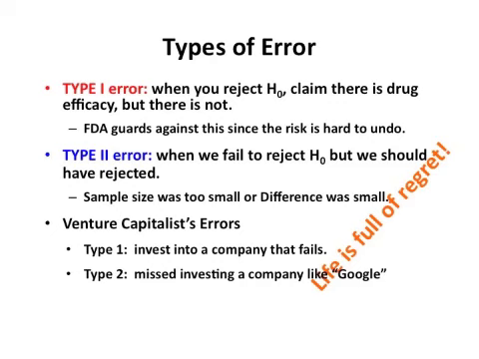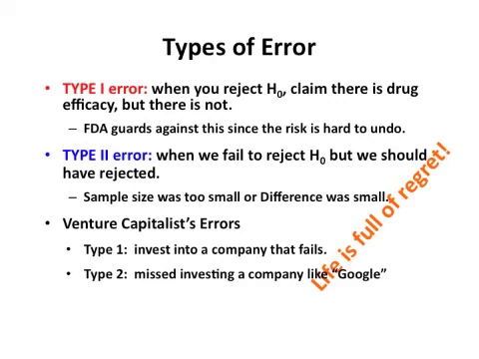Using another example, life is full of regret. Why? Because imagine you are an investor, you purchase stock, you are a capitalist, you want to invest into small companies. Type 1, what does type 1 mean? Type 1 means you invested into a company, but that company didn't grow. You lose your money.